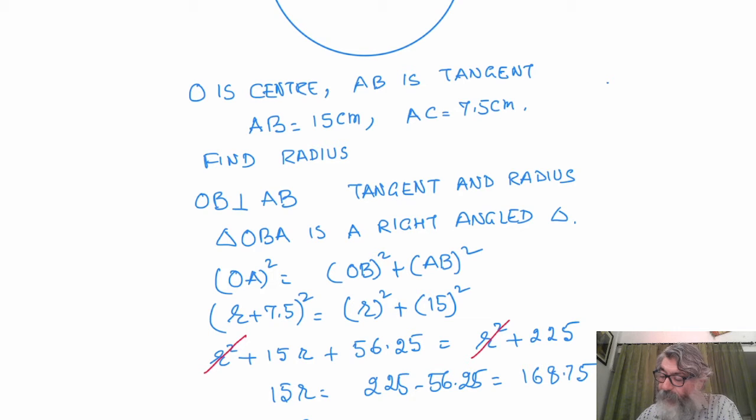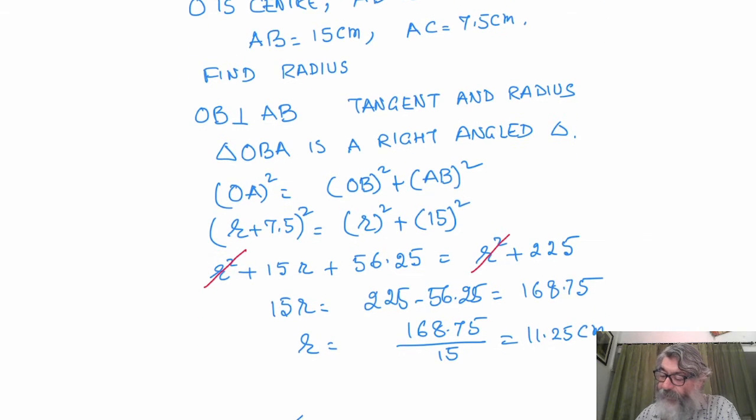So radius will be 168.75 divided by 15, which will come out to be 11.25 centimeter. So your radius is 11.25 centimeter.